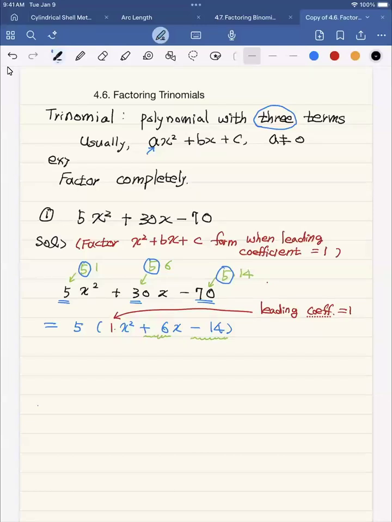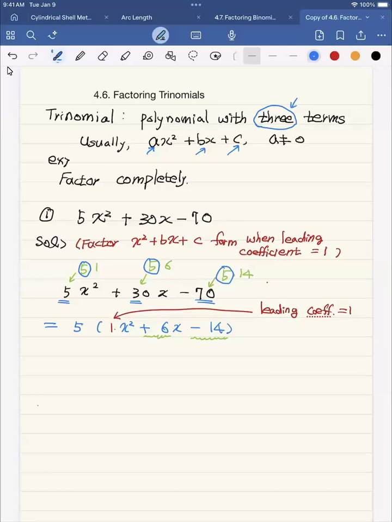So we have three terms. There may be more than one variable, such as x, y, and z appearing together, but it must have three terms. Let's do some examples.